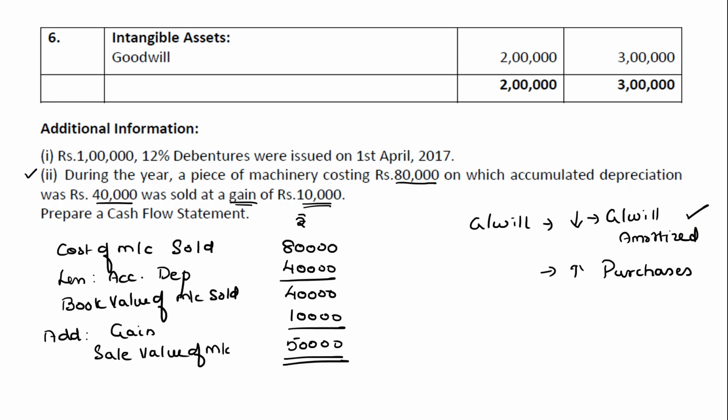It does not come in investing activity. It comes in operating activity under non-cash expenses. We add back depreciation. Similarly, we add back amortization of goodwill. So for the investing activity part, this particular adjustment, as it is a reduction in goodwill represented by goodwill amortized, is not going to come.